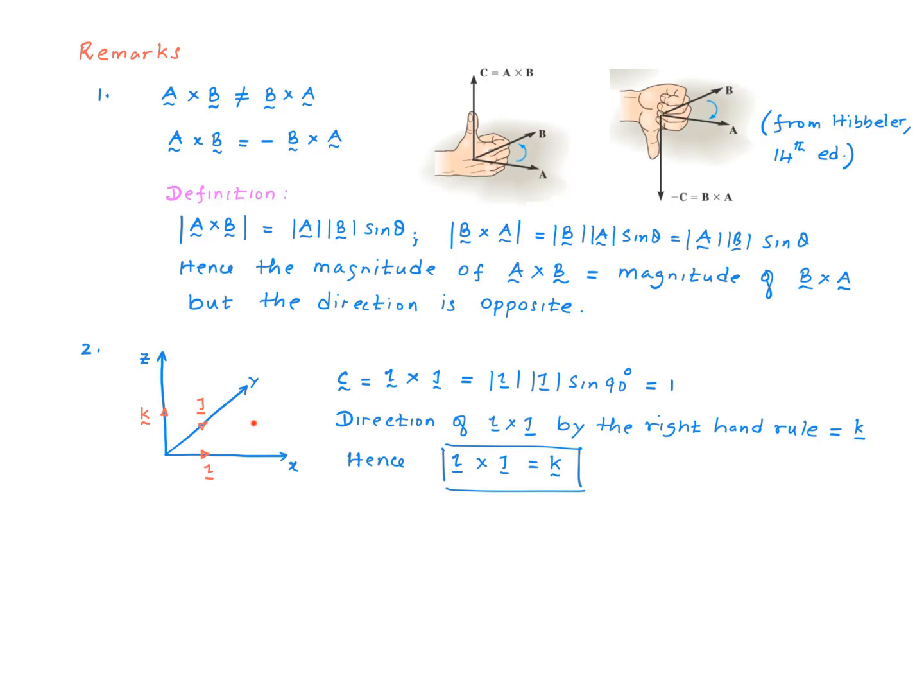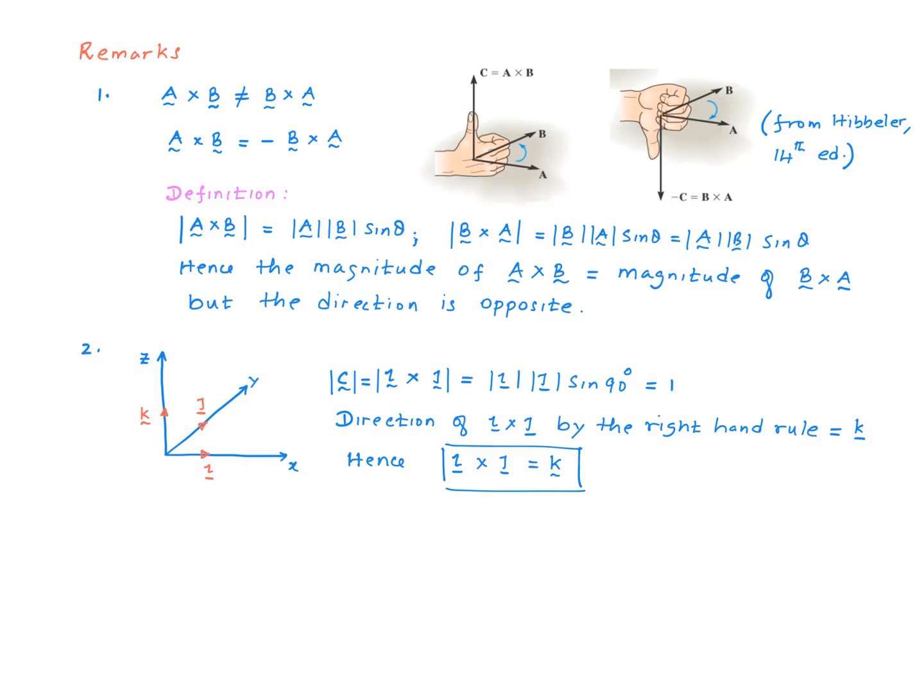Number 2, there are some interrelationships between the unit vectors i, j, k associated with the Cartesian coordinate system. For example, let's say we are interested in finding i cross j, right? So let's call that C. So the magnitude of C would be the magnitude of i cross j, which is magnitude of i times magnitude of j times sine of the angle between i and j.